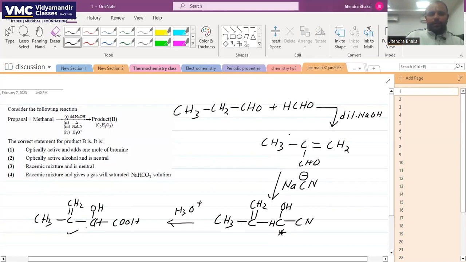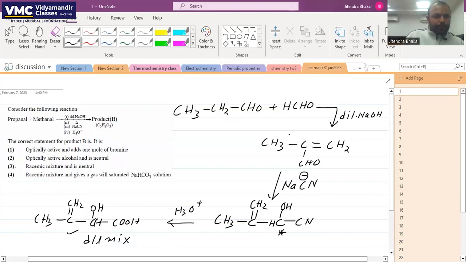So it means the final product is a mixture of both the isomers, a DL mixture. So it means it is a racemic mixture. So option 1 and 2 are eliminated. They are not the answer.